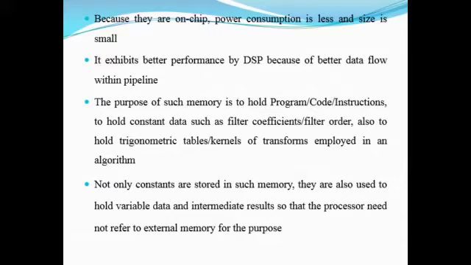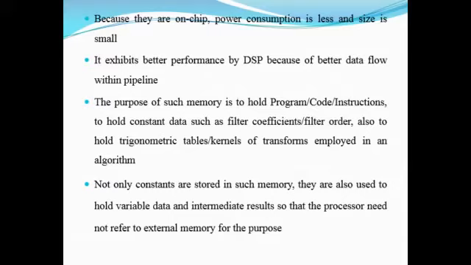Power consumption is very low, the size of that on-chip memory is also very small, and it exhibits better performance by the DSP because of better data flow within the pipeline. Earlier we discussed the pipelining and parallelism concepts used in the DSP processor, and here we are considering the same. This is what we consider in terms of DSP performance.